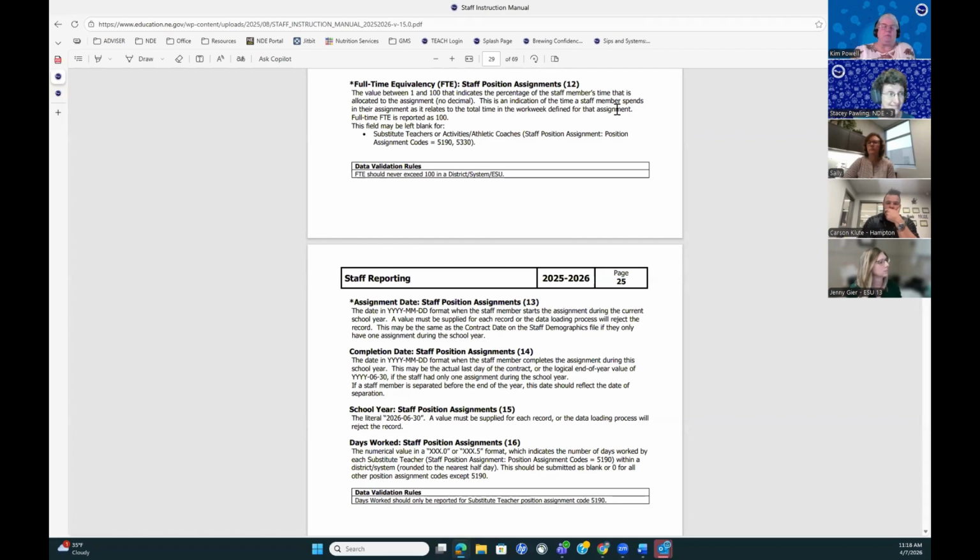In other words, remember a para is a para is a para. If you decide that your normal full-time paras are 100, and this person hasn't worked a full-time position, if you hire a part-time para, it would be maybe 50% or 25% or 33%, whatever you decide they worked as an FTE.